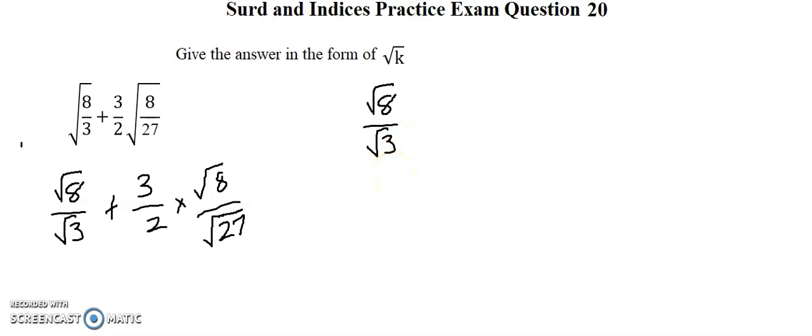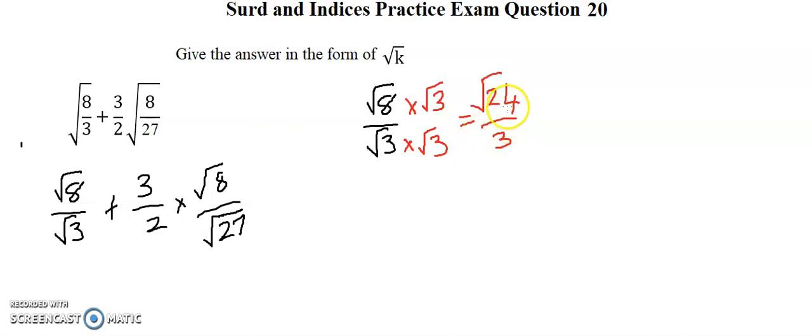We are going to rationalize this because we don't want a surd on the denominator. So that means I'm multiplying the denominator and the numerator by square root 3. Square root 3 times square root 3 is 3, over square root 8 times square root 3, which is 8, 16, 24. So we've got the square root of 24.